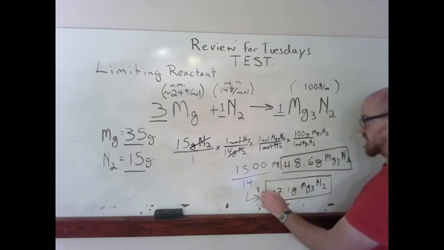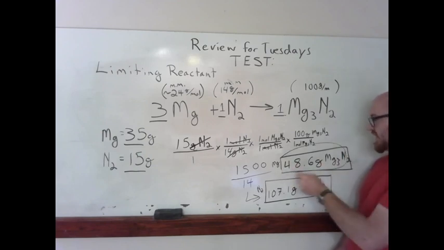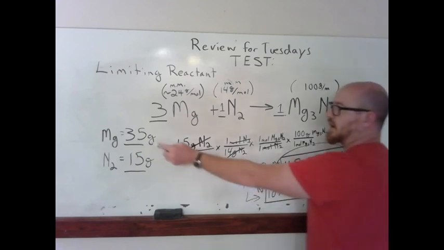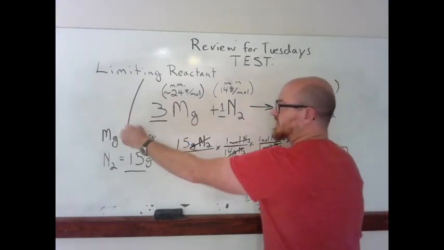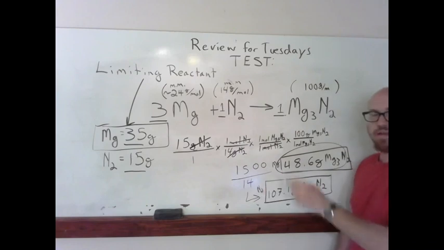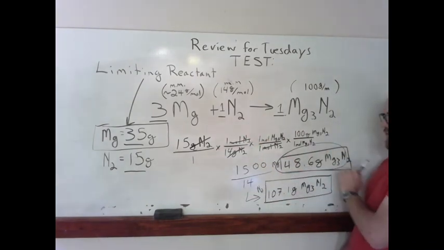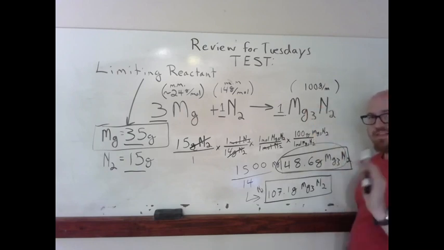So this was with our nitrogen. This was with our magnesium. So we looked at which one's less. This one's clearly less. We have a limiting reactant in magnesium. This whole reaction will only make 48.6 grams of magnesium nitride. And that's how you solve for the limiting reactant.